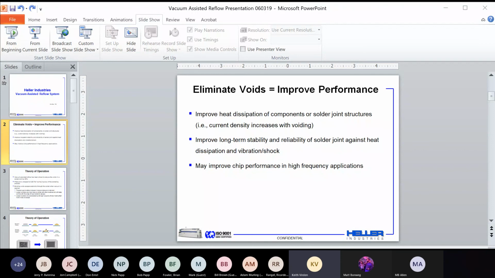Here are just a few examples of some components. This is some semiconductor, and we reflow it using standard reflow, X-ray the component, and then reflow it a second time, and that's what this result is. So when it was reflowed the first time, we had a 30% void.